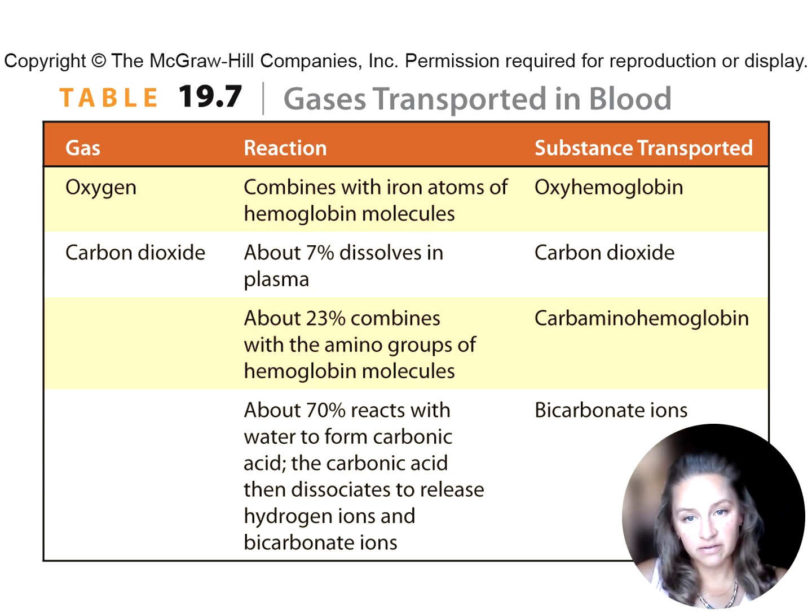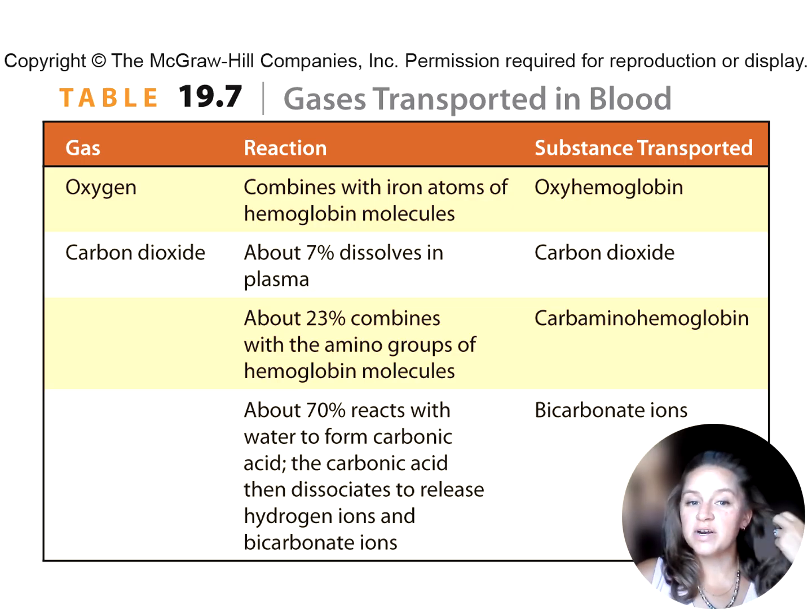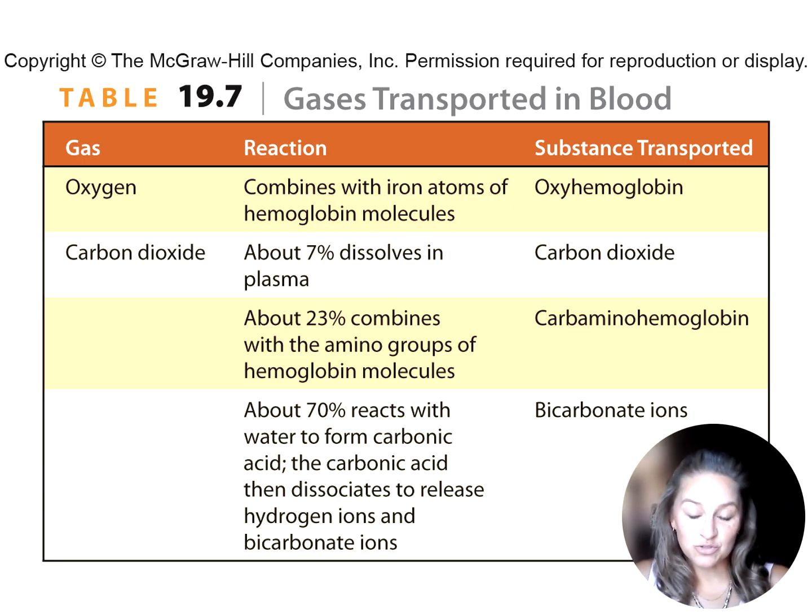A little bit of carbon dioxide can diffuse in the blood plasma, and about 23% can be converted into what's called carbamino hemoglobin. This is where the hemoglobin can transport some of the carbon dioxide. But for the most part, carbon dioxide is converted to the bicarbonate ion via that carbonic acid buffering system.